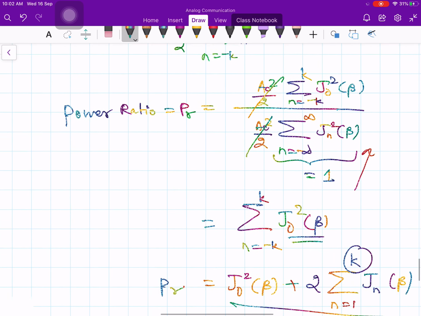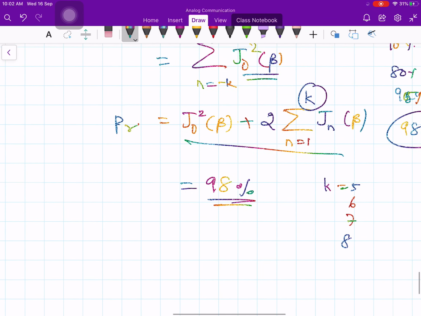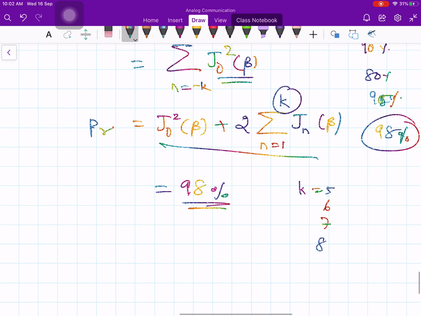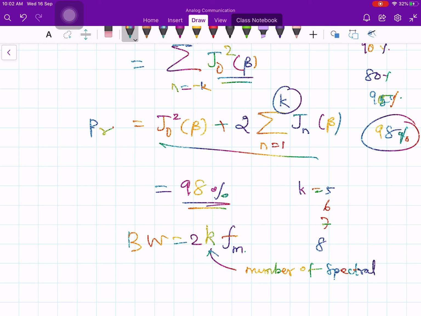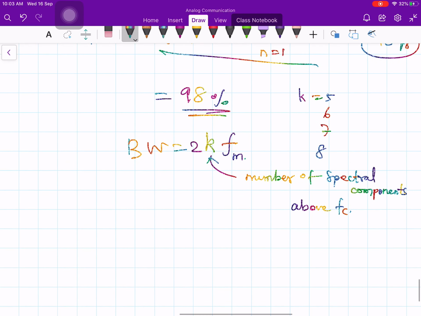If you consider k number of side bands, the bandwidth is equal to 2 times k times fm, where k is the number of spectral components above fc. You recall the figure we calculated just now.